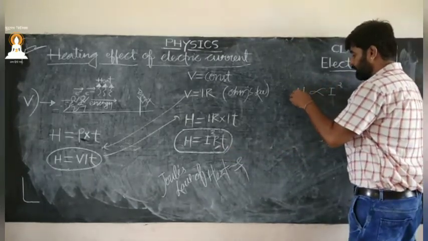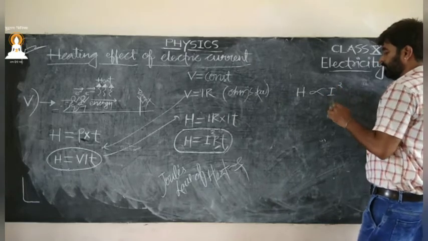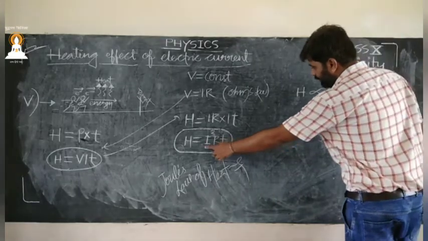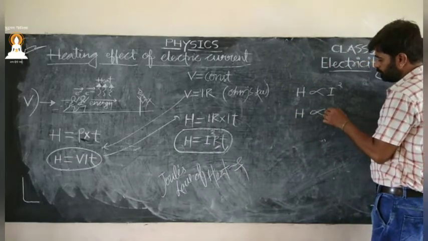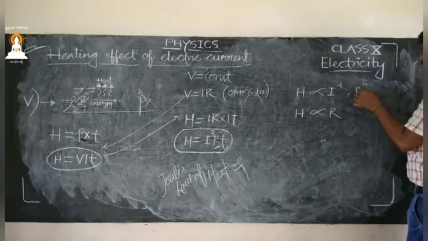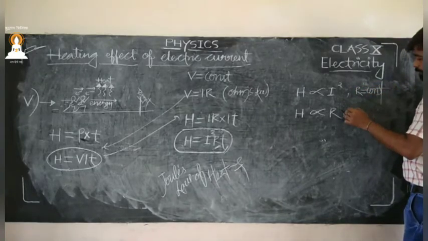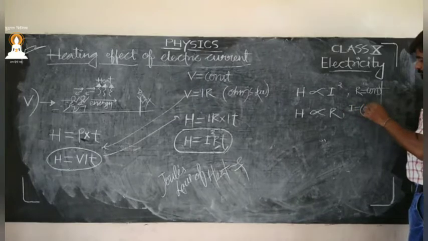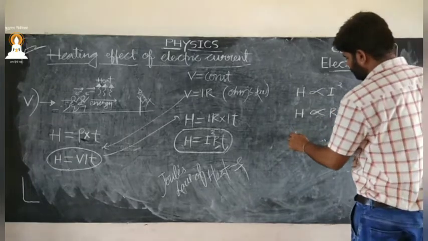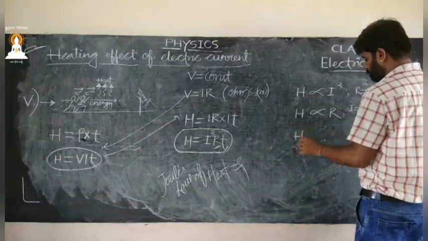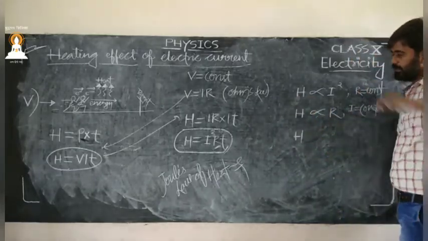Now suppose I is constant, then H will be directly proportional to R. And suppose both are constant, then H will be directly proportional to time.